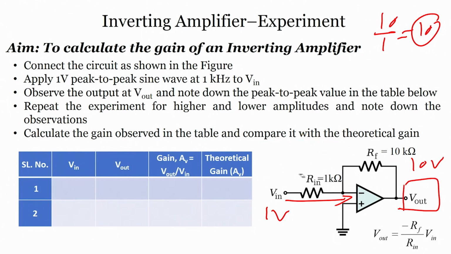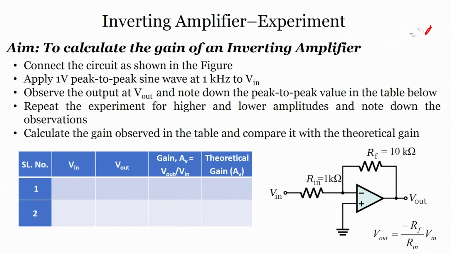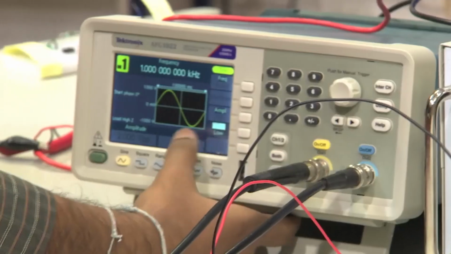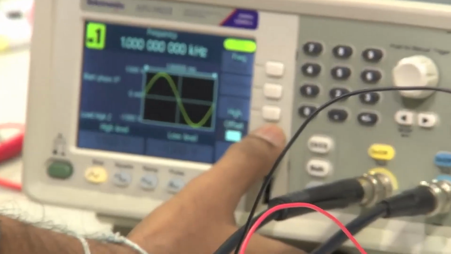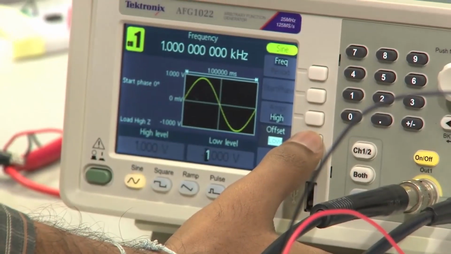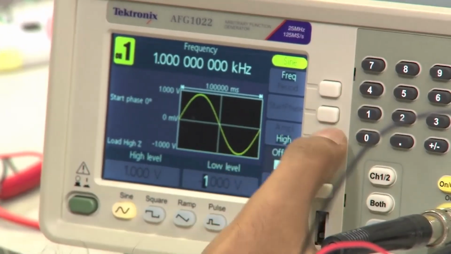That is, we will apply higher or lower amplitudes and note down the observation. So, again if we can focus back on the frequency generator, what we are now trying to do: we have kept the frequency as it is and we are trying to change the input voltage.